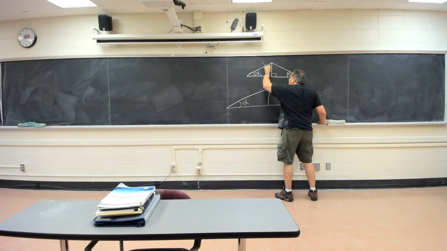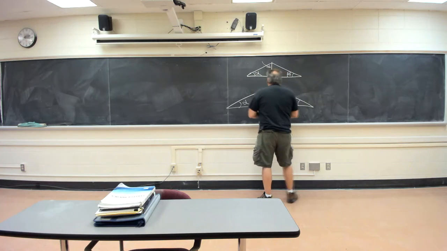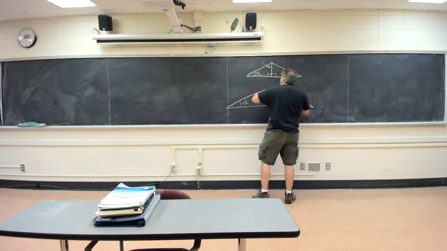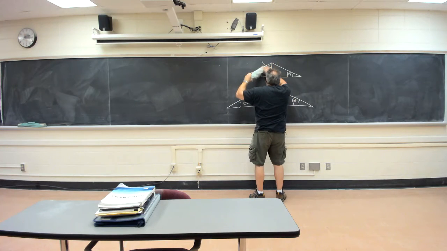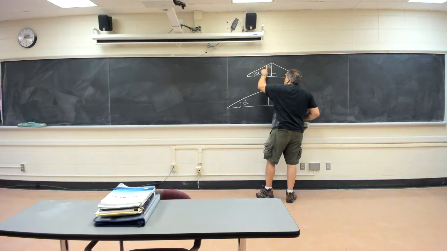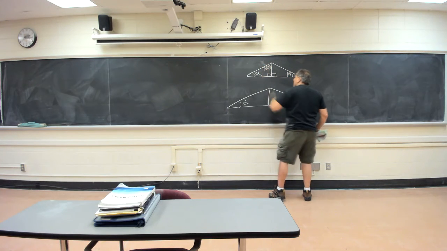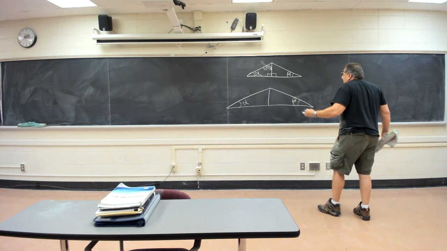Let's see what we got here. Let's call this guy 90 minus alpha. Yeah, it makes sense. It's got to be.